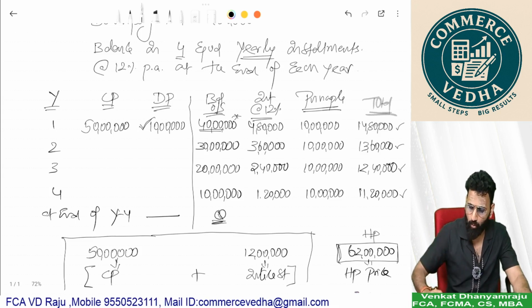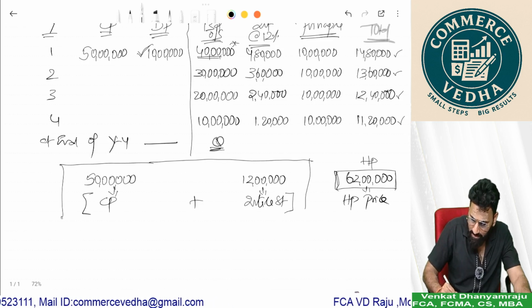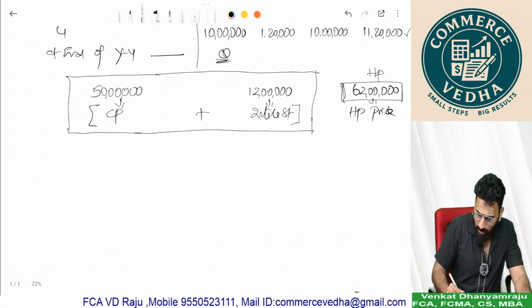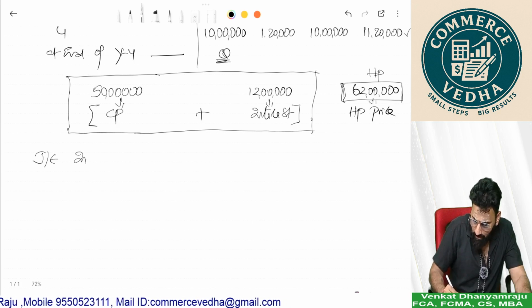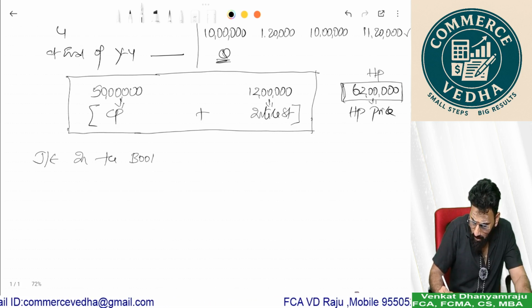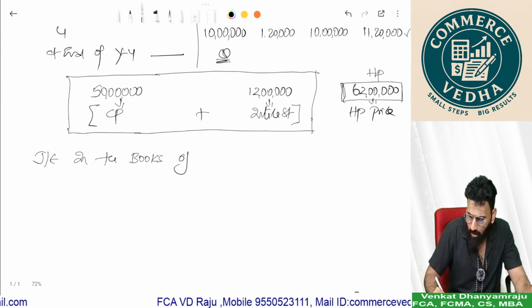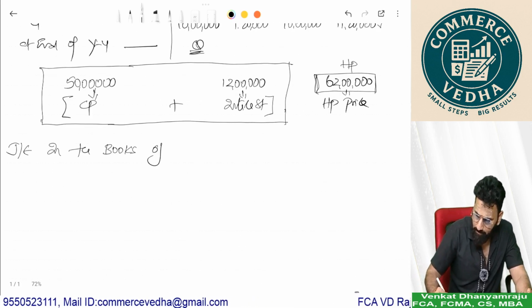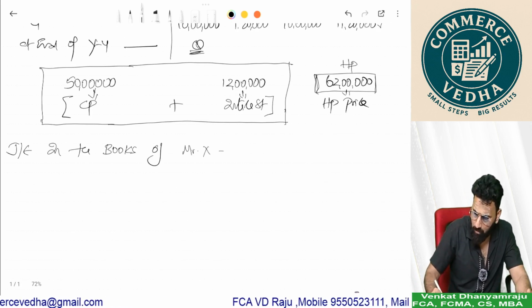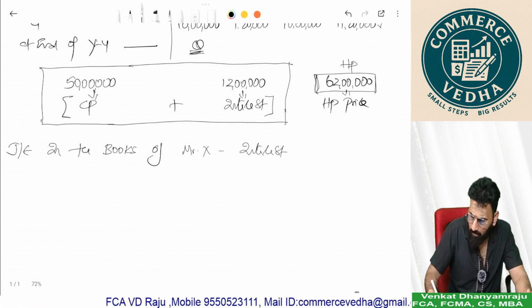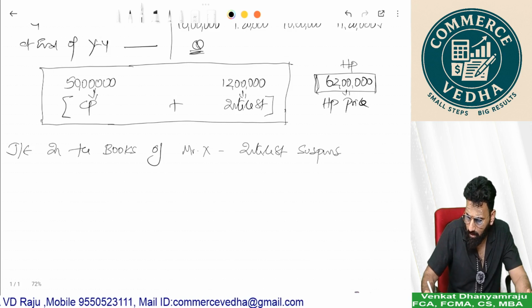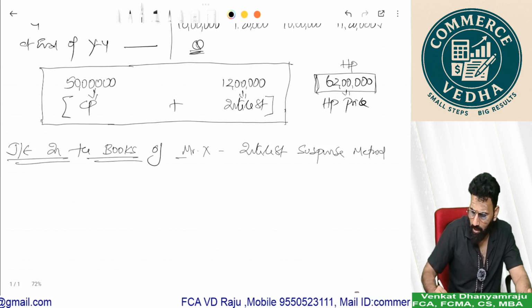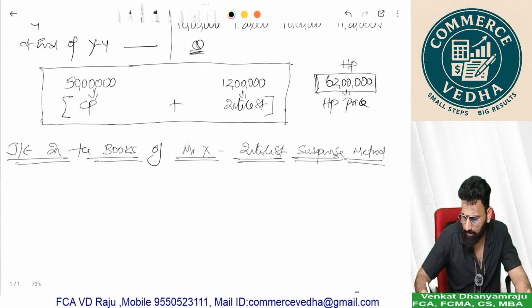Now you should see how I account it using the interest suspense method. I am writing here journal entries in the books of the buyer, Mr. X, under the interest suspense method.